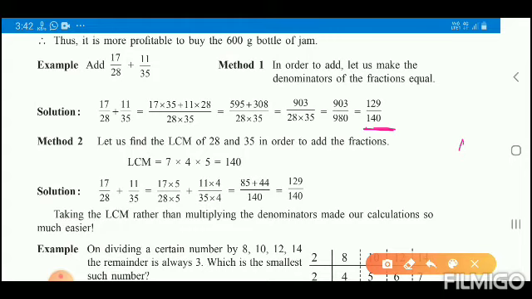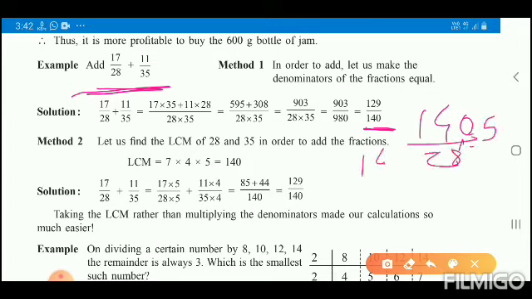Now next they have given the second method. Let us find the LCM of the numbers which are in the place of denominator. These numbers are 28 and 35. Now, the LCM of these two numbers is 140. 140 divided by 28 gives 5, and 140 divided by 35 gives 4.